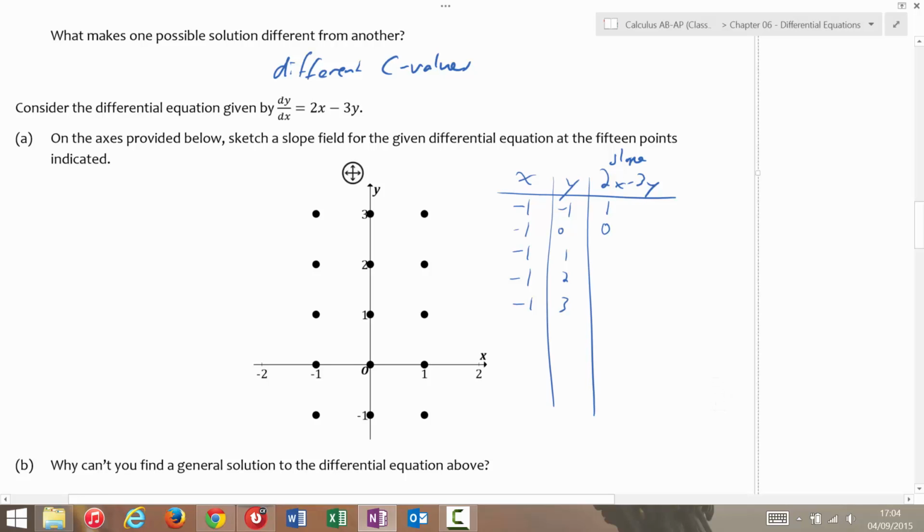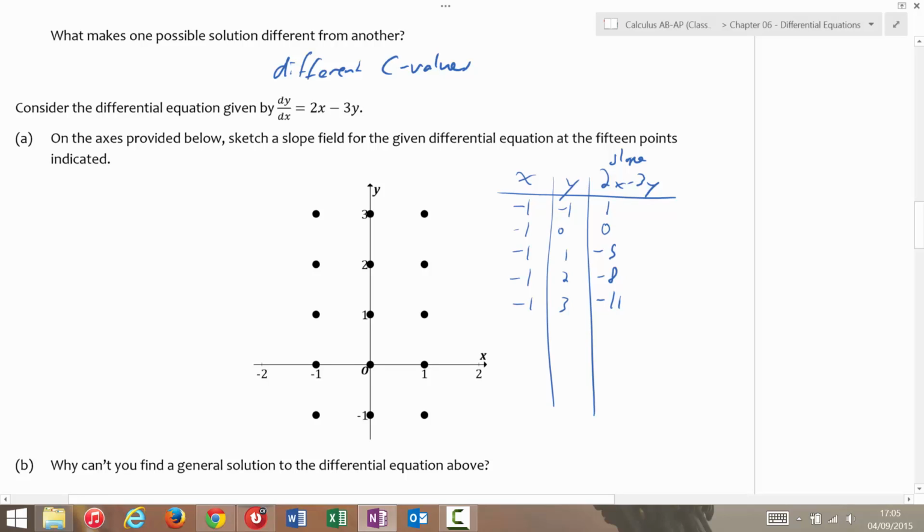Then I have negative 2 minus 3, it's negative 5. Then I have negative 2 minus 6, is that right? Yep, negative 2 minus 6, negative 8, and negative 2 minus 9, negative 11.